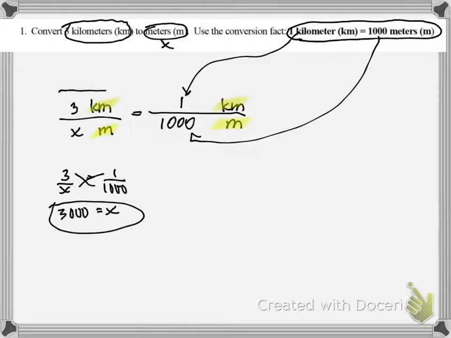So even if you could do this without setting up a proportion, if you're doing this on a test or an exam or a quiz, you really need to get into the habit of setting up a proportion and using proportions to solve this problem, because that's the skill that we're trying to teach and reinforce by using unit conversion.